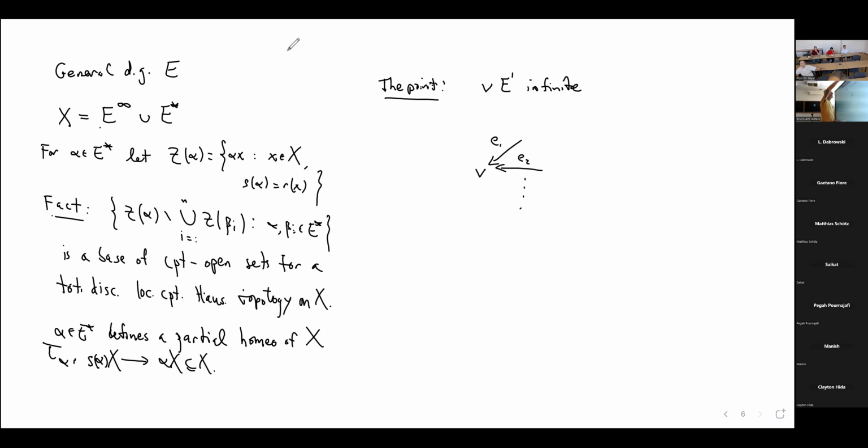Now imagine extending each of those edges into an infinite path. We have X1, X2, and so on. So let Xn belong to En, an infinite path whose first edge is the edge E sub n. So the sequence Xn in X has no accumulation point in E infinity.